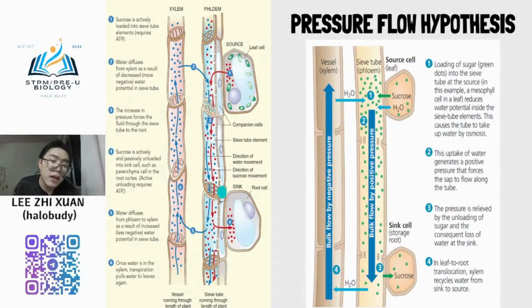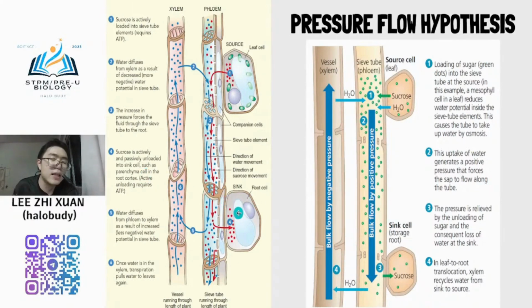Okay, when the sucrose molecule has reached the sink, it will be unloaded actively or passively into the sink. Normally any cell that requires organic nutrients will have this unloading process. It can be active transport or passive transport.